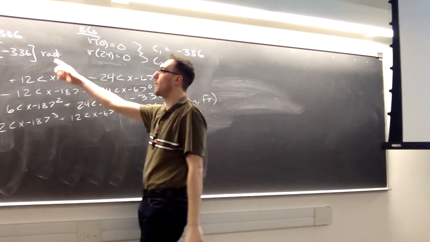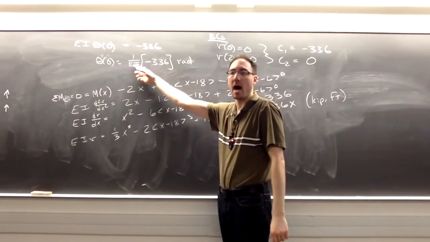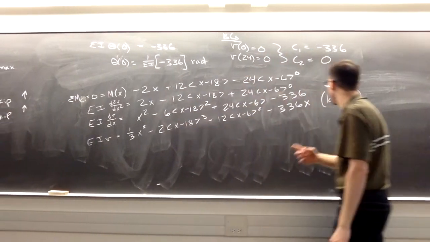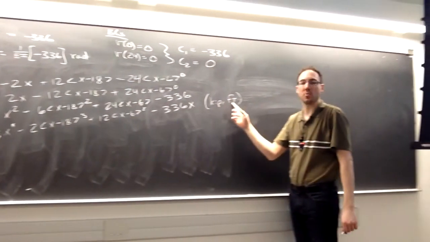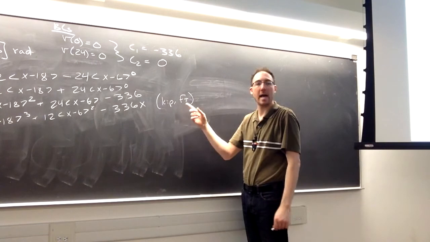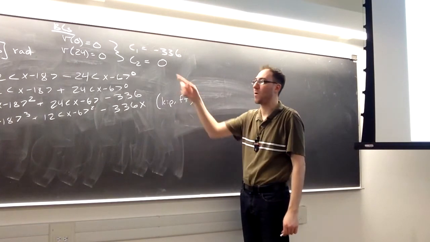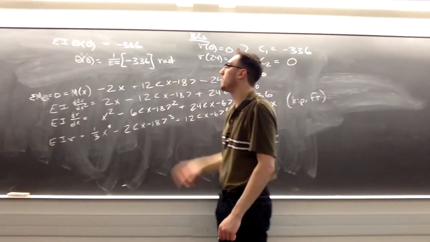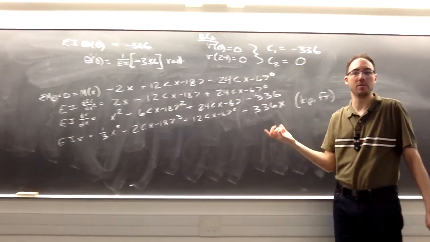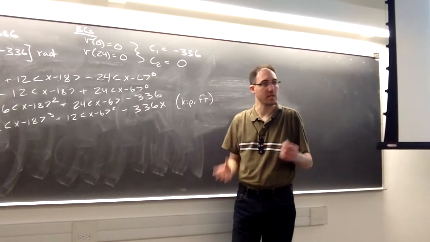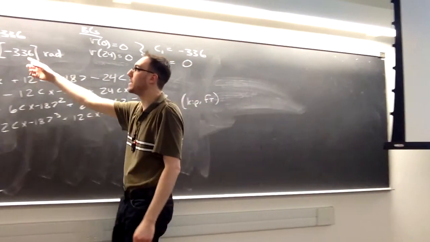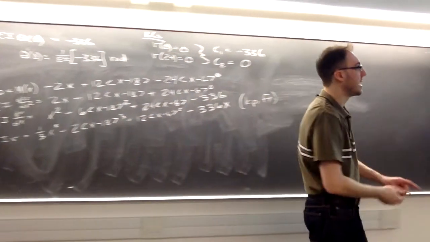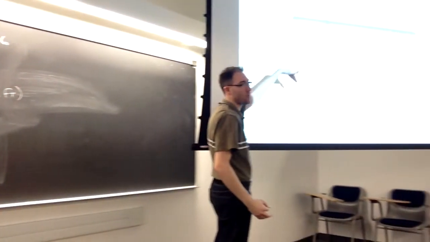Because if we want to know in radians what this is, we need to know E and I. For this one, we don't have specifics, but E would have to be in kips per square foot to match the units, and I would have to be in feet to the 4th power so that we have the right units for our slope. So whatever E and I are, we divide negative 336 by that product, and we get the slope in radians. In this case, it'll be negative, since E and I have to be positive. So a negative slope means it's going to be down and to the right at A.